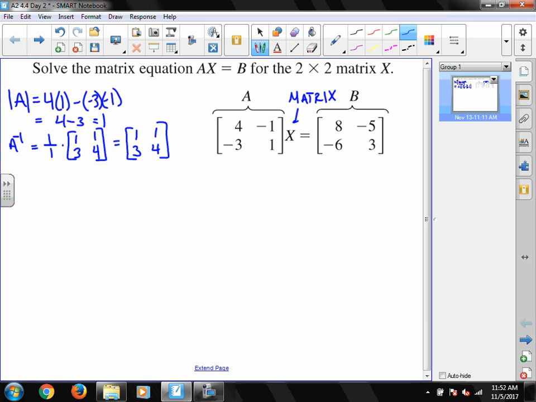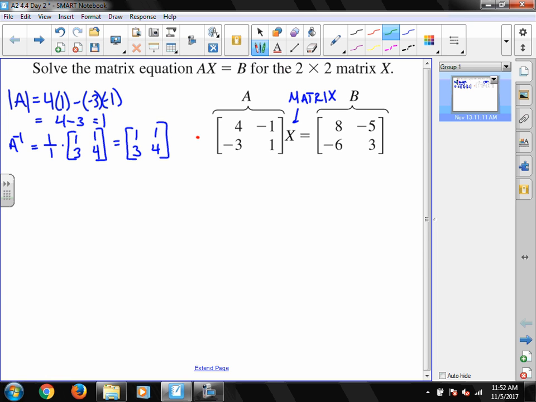So if I multiply both of these by the inverse of A on the left here, well, if you remember from the last video, I told you that anything times its inverse is going to give you the identity.